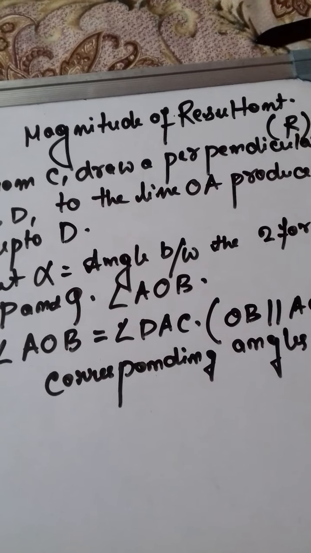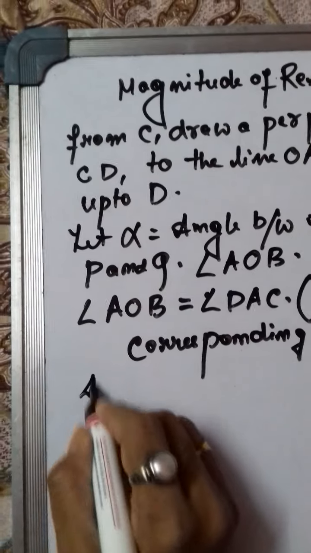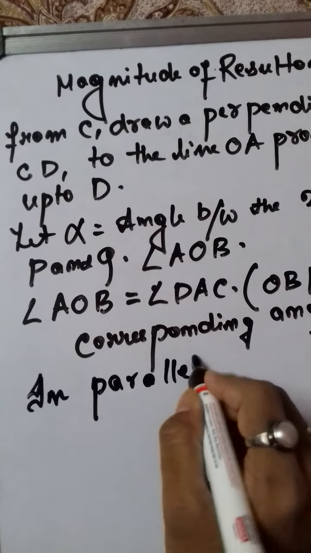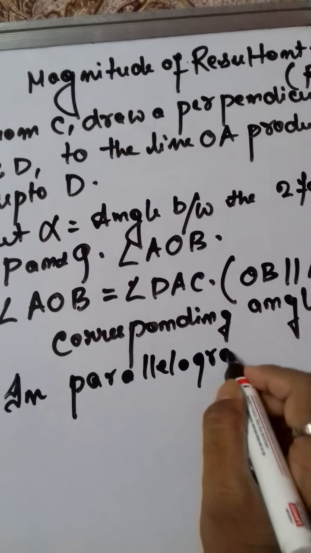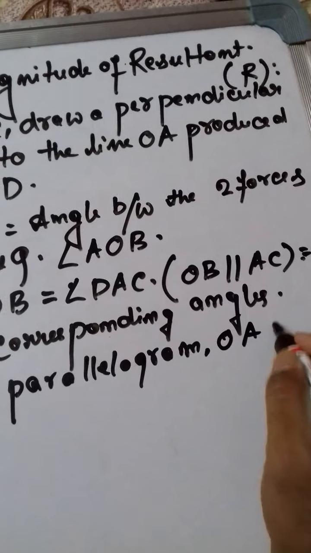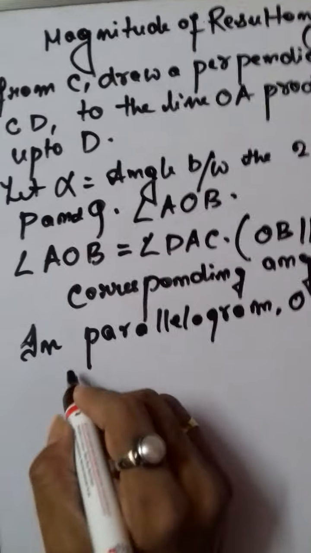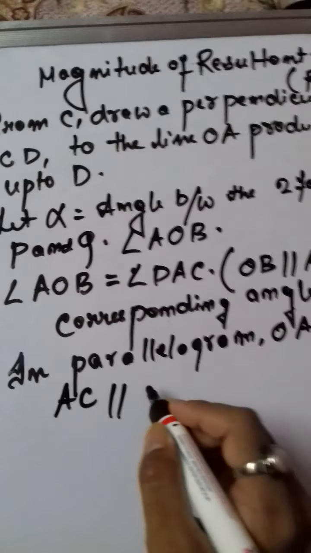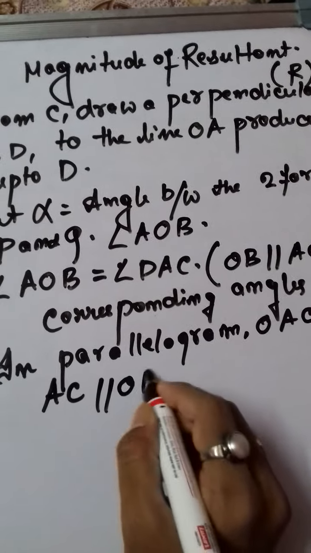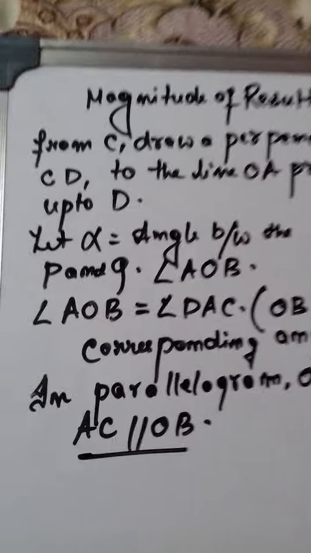Right? Okay. Now in parallelogram OACB, what we can get is AC is parallel to OB. This you can clearly see from the figure.